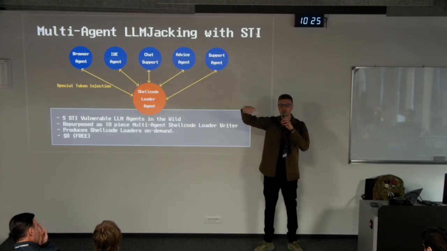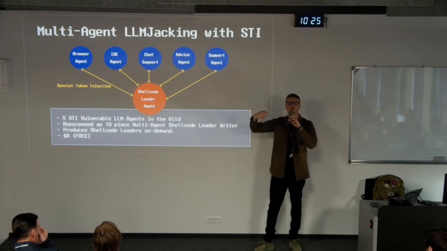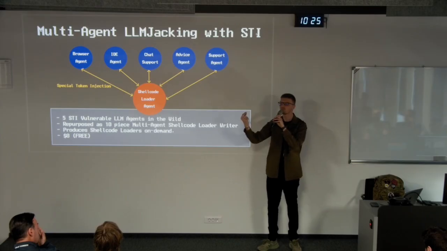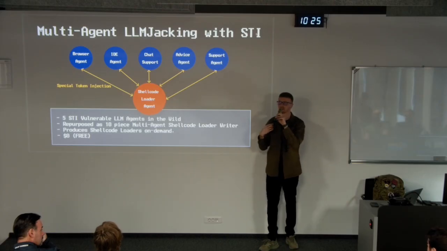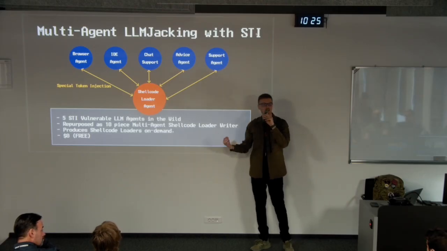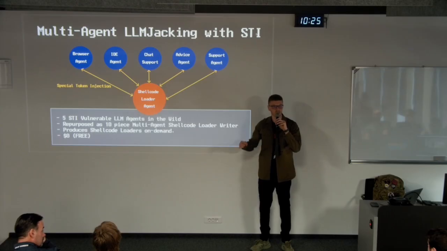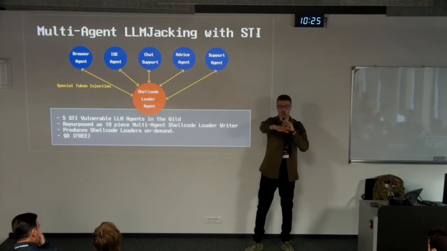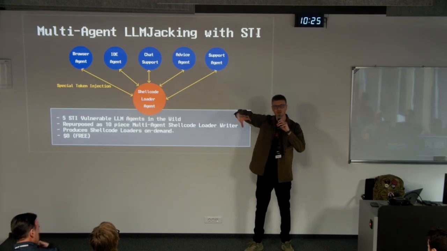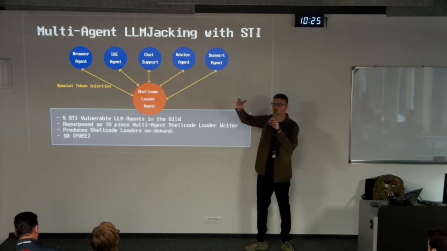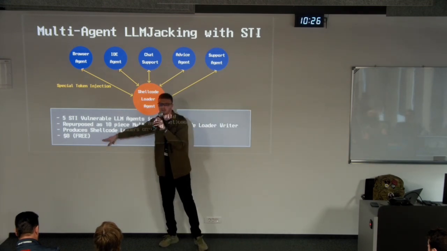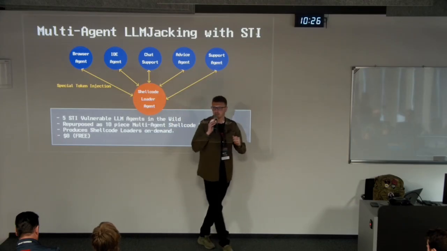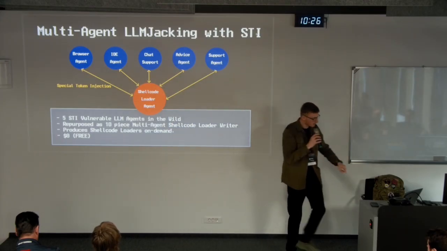We repurposed every piece of agent to conduct a small piece of work under our own desires. And our own desire in this case was to write a shellcode loader agent. So basically we combined lots of agents from the wild and reconstructed them to achieve our goal. And the best part of it is that we spent literally $0 to achieve our goal.